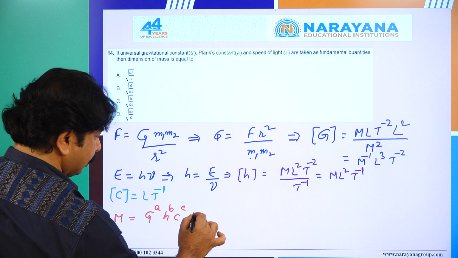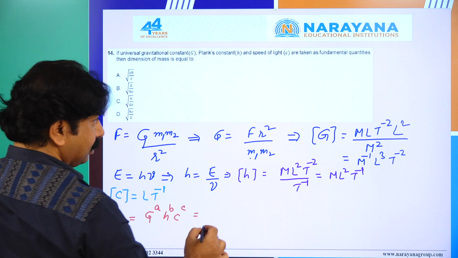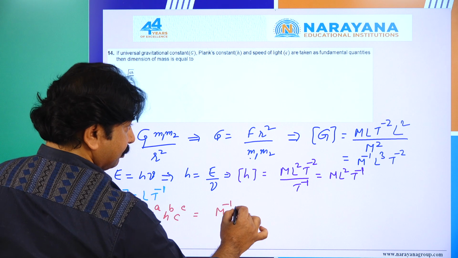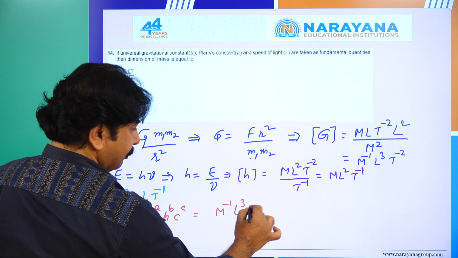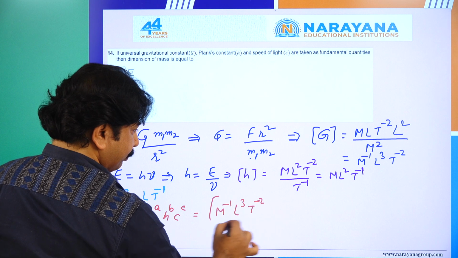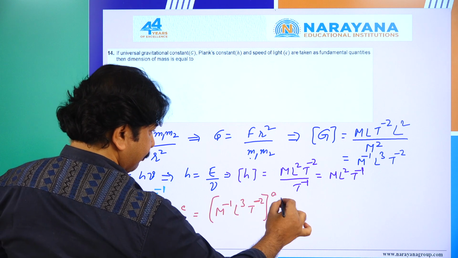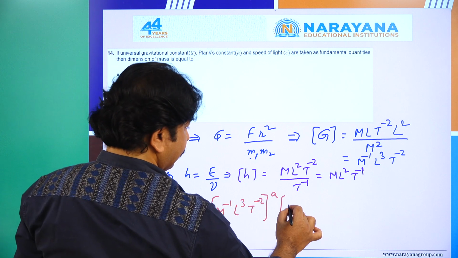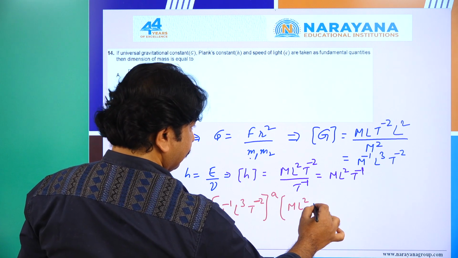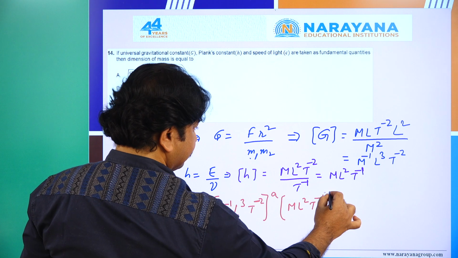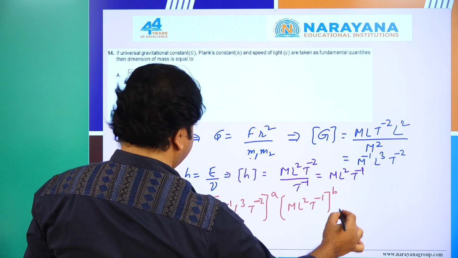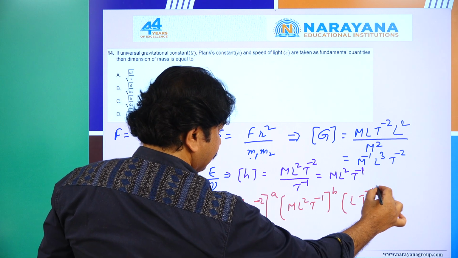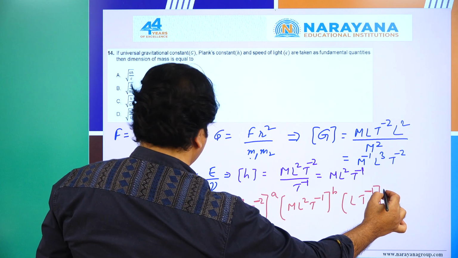That means we can write here: M power minus 1 L cube T power minus 2, whole power a; h power, M L square T power minus 1, whole power b; L T power minus 1, whole power c.